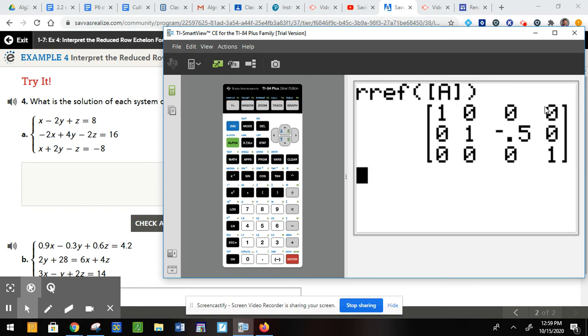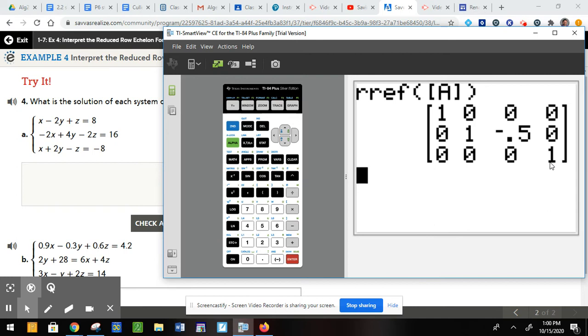This top one could simply be x equals 0. This could be 1y minus half of a z equals 0. That conceivably could be true, but look what happens down here, where you have no variables. The left side of the equation is 0, and the right side of the equation is 1. So you get 0 equals 1 for this third equation. That's a false statement.